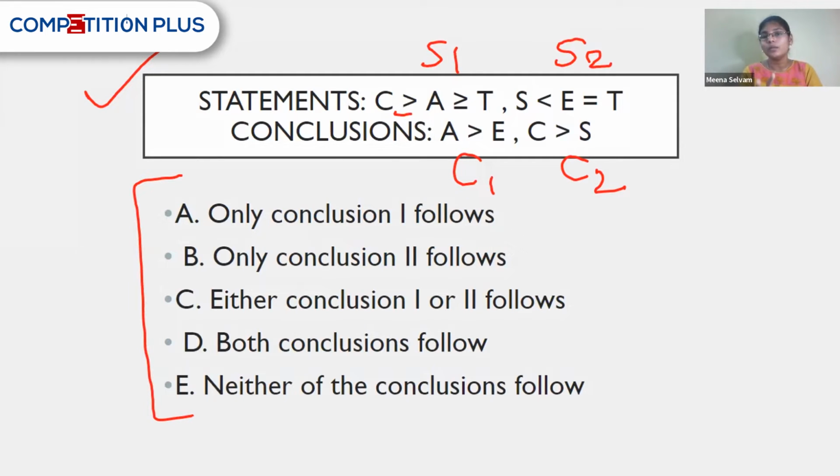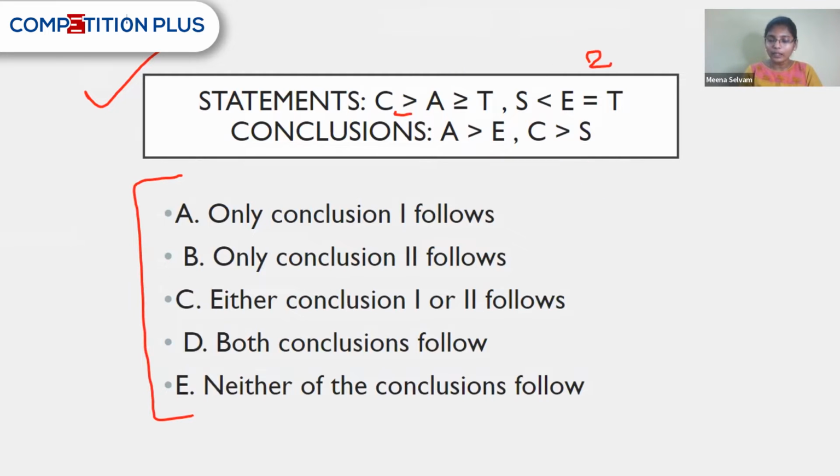Such symbols will be used, and we are going to compare the elements. So what does a statement and conclusion mean? Statement means something which we define or which we say, and conclusion means we are going to cross check whether the given statement is true or false. So this is our work.